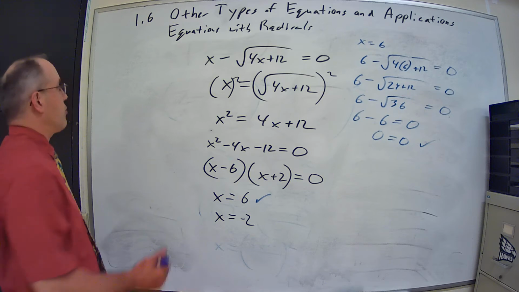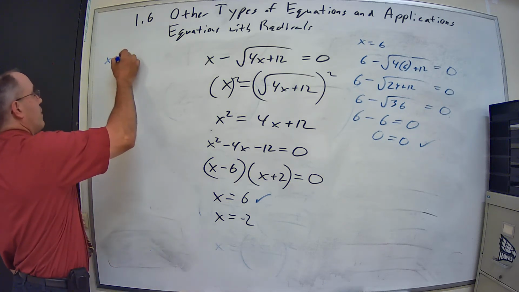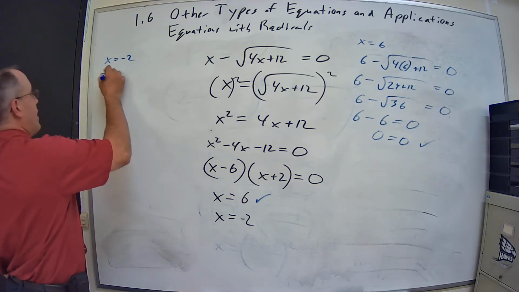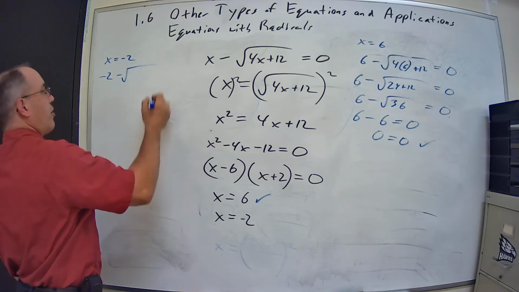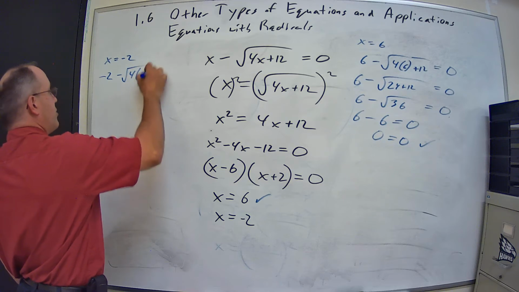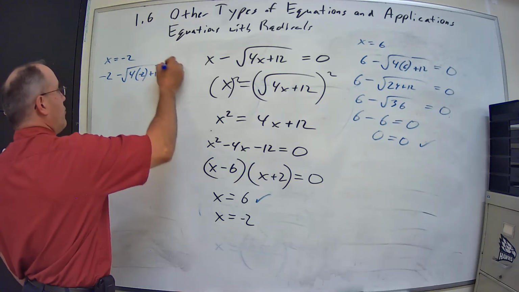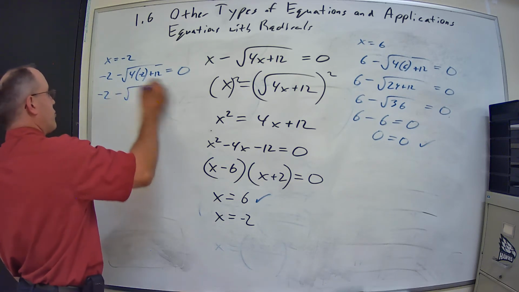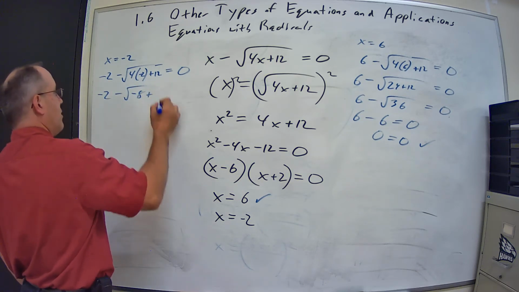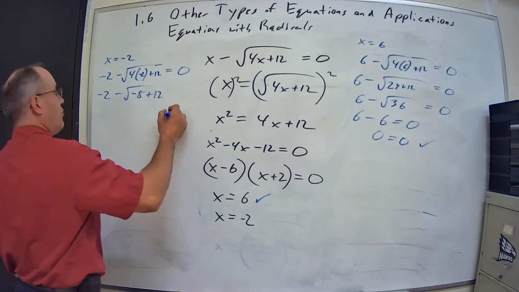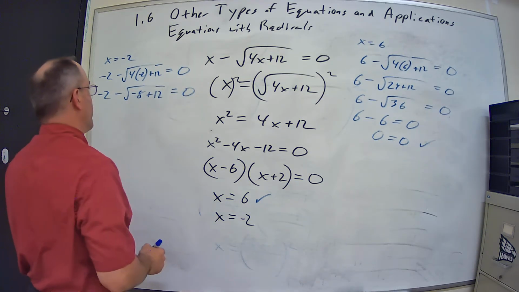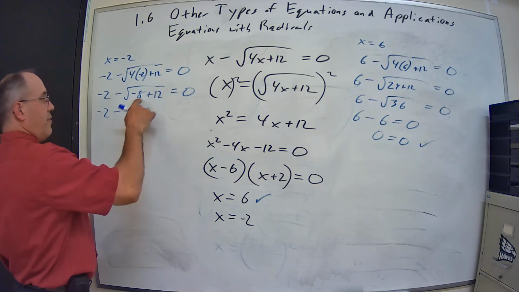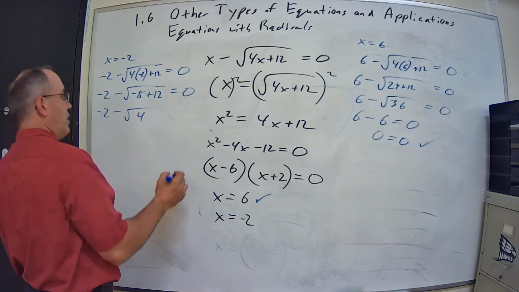Let's check out x equal to negative 2. If x is equal to negative 2, we have negative 2 minus the square root of 4 times negative 2 plus 12 equal to 0. Negative 8 plus 12 gives you positive 4.